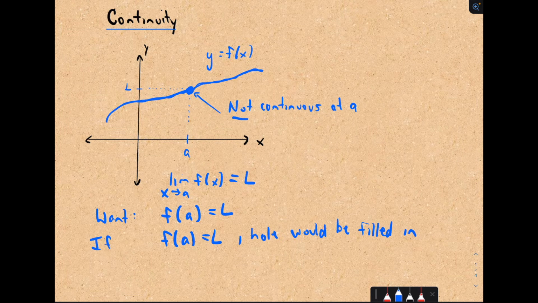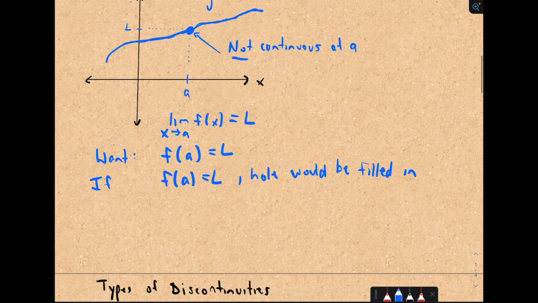We would now have this value there. The limit equals L and f of a equals L, so we can say the limit as x approaches a of f of x equals f of a, because they both equal L.